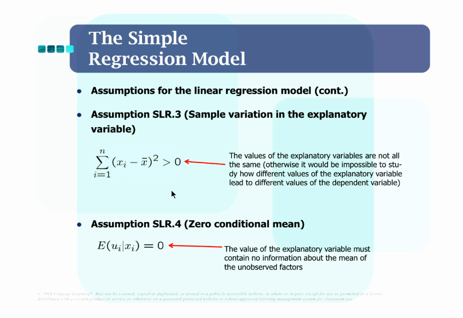This is also called the total variation of x. It is equivalent to requiring that the values of the explanatory variables are not all the same.